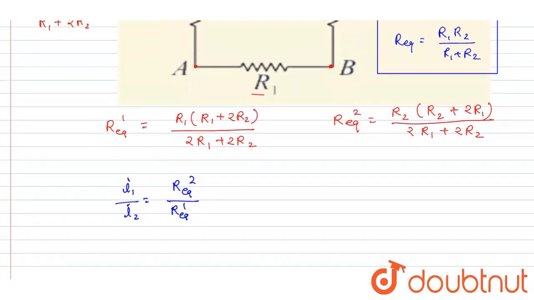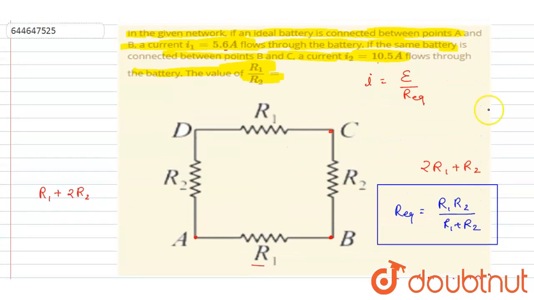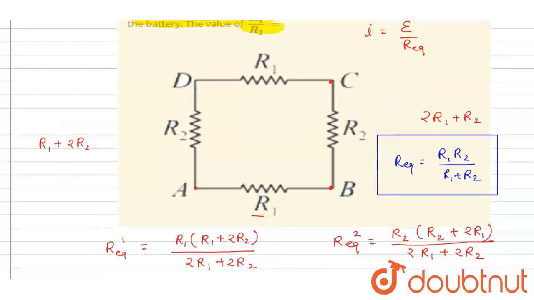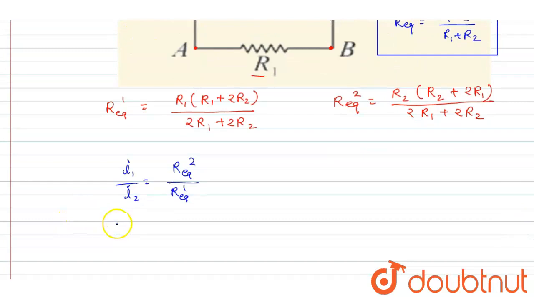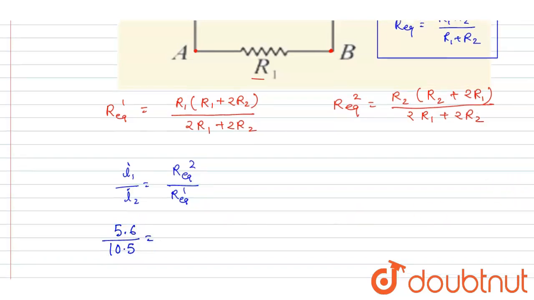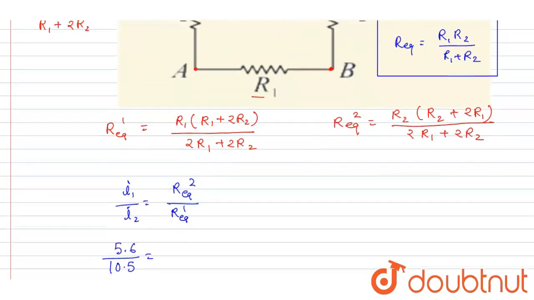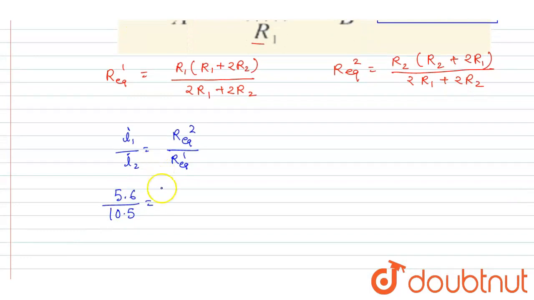Now, if you see, you can put the value of R1 and R2. It is 5.6 and 10.5. If you divide them, then R equivalent for the second case is this.